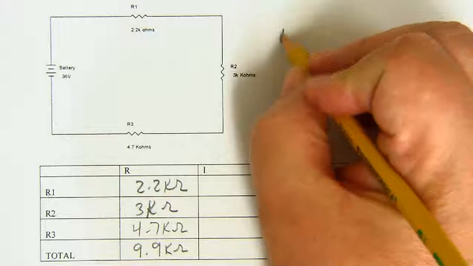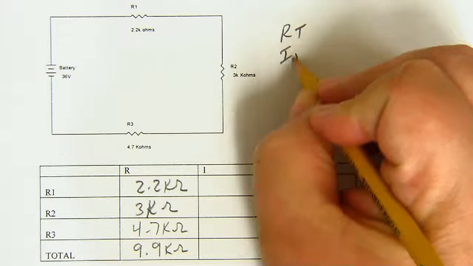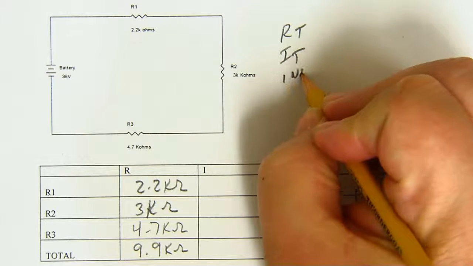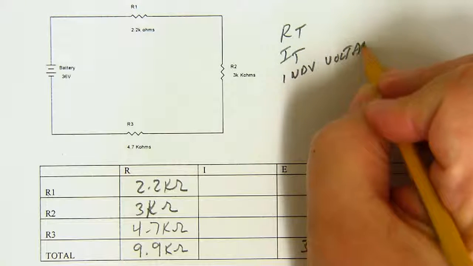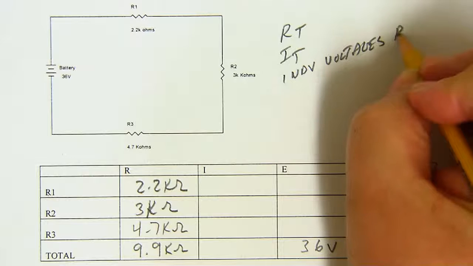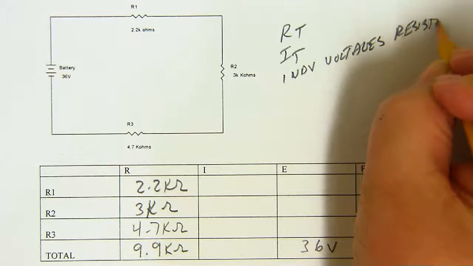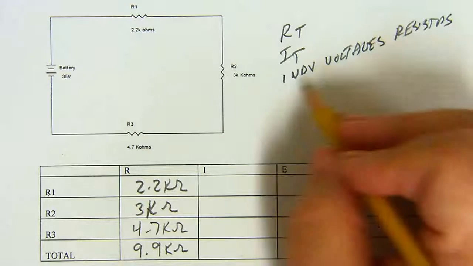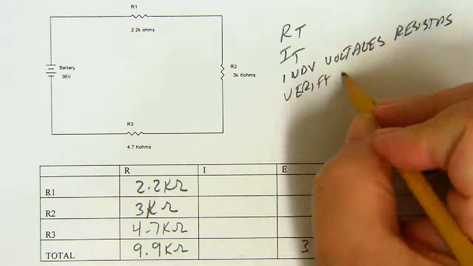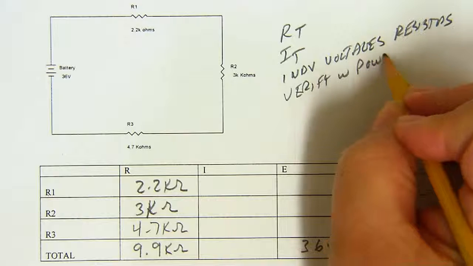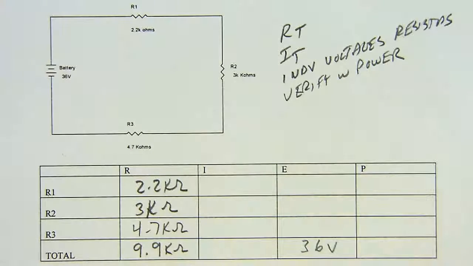So find total resistance, find total current, find individual voltages of your resistors, and then verify with power values. So our total current is 36 volts divided by 9.9 k ohms.